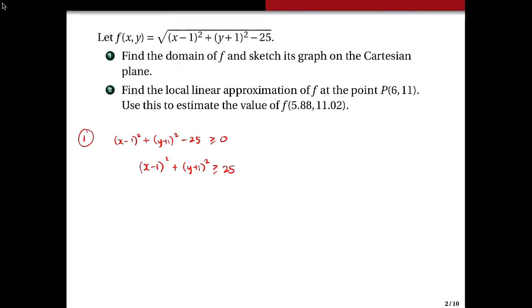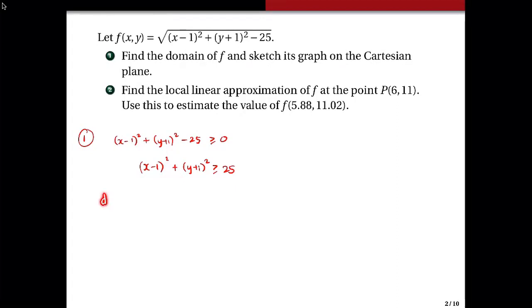And of course, if you look at the equality, you just have a circle. Now, we want this to be greater than or equal to 25. It means you are looking at the outside of the circle.